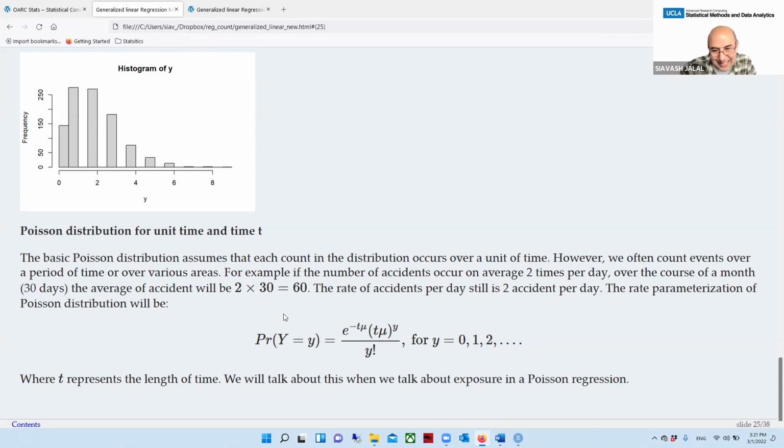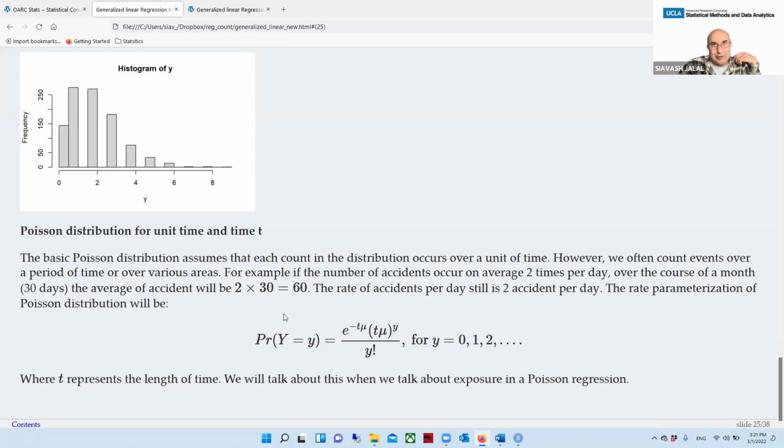And we can use that exposure if we have data that is collected for different units of time, or in different areas, or in different volumes of water, number of planktons, right? So that is very helpful.